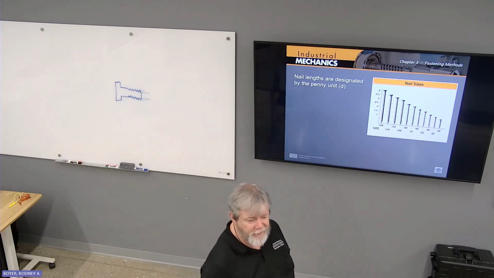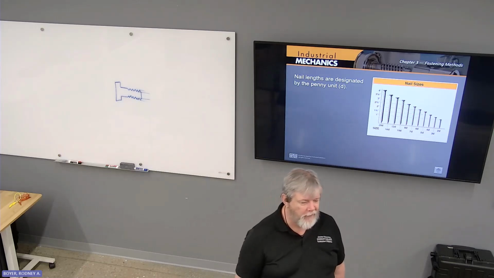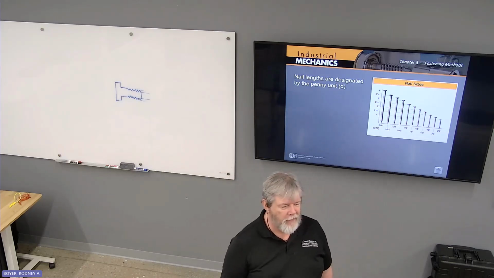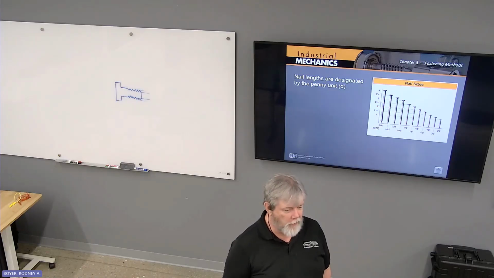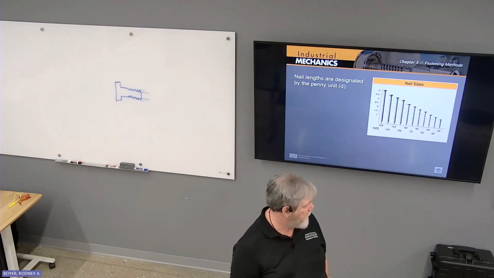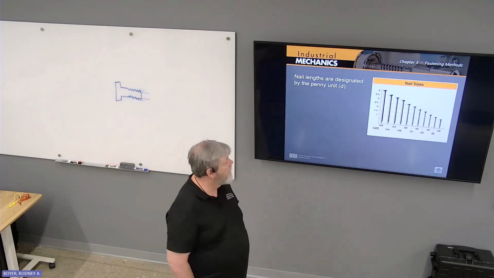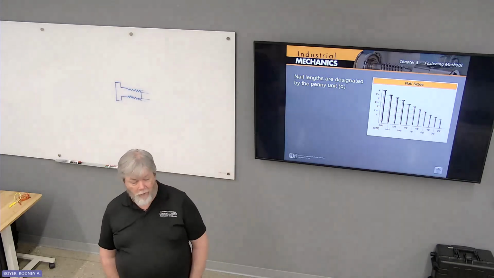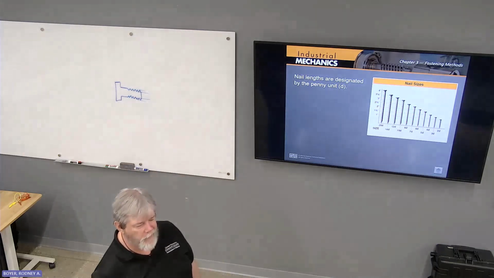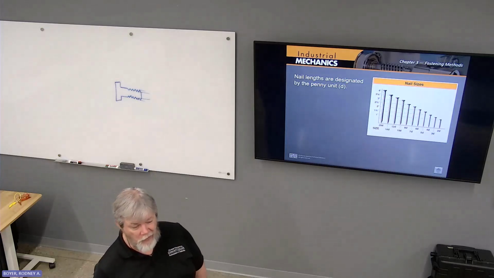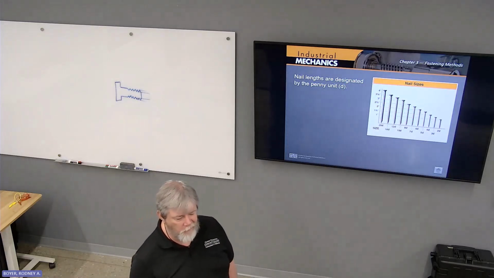Somebody Google it. I want to say it was based on so much weight of nails being worth this much. You could fit more, like 2 penny would be 200 or whatever it was. I don't remember. Been a while since I looked it up, but John's going to Google it for us.